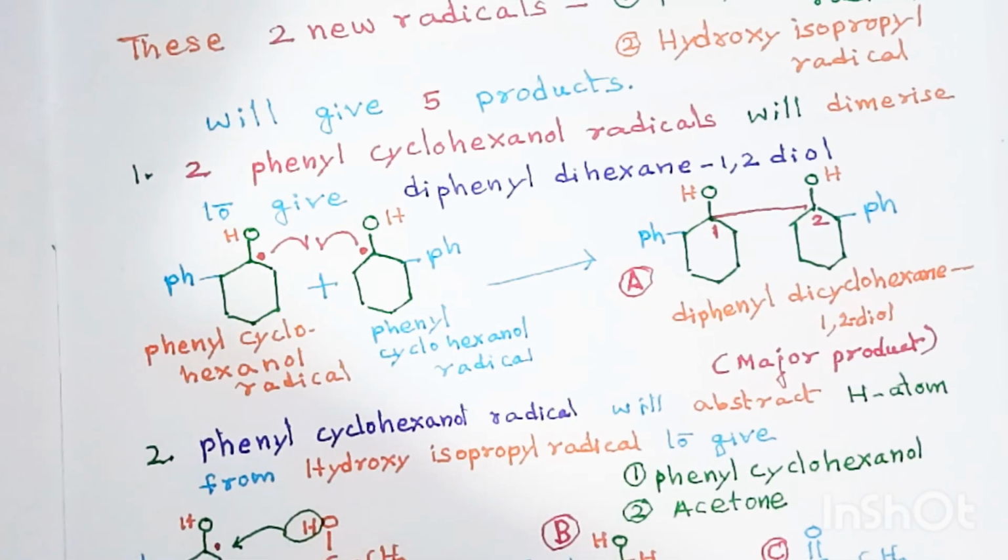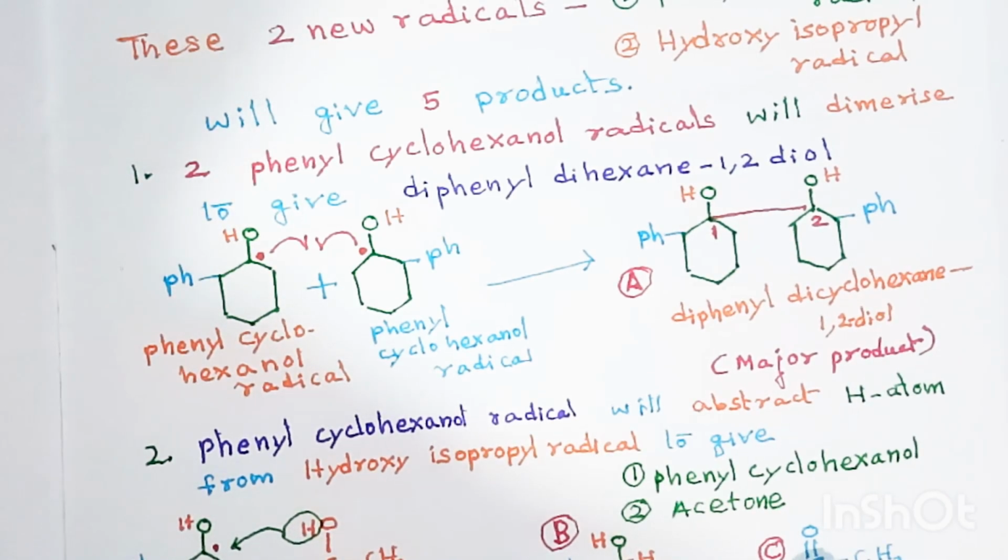And this hydroxyisopropyl radical loses a hydrogen atom, so it forms a double bond with the carbon atom. So it becomes CH3 C double bond O CH3, which is nothing but acetone.